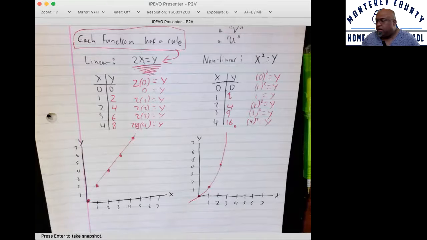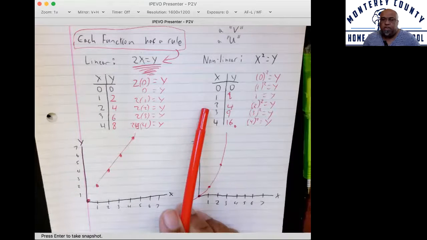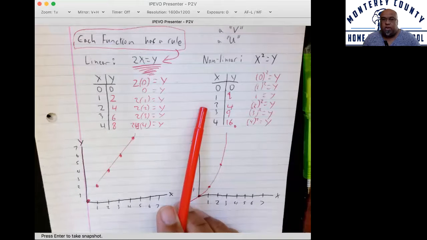Okay? Sometimes your x values will be given. Sometimes your x values, you may have to come up with them. The x values are ones you have to come up with yourself. I would highly recommend using easy x values, meaning numbers that are easy to understand and close to 0, convenient x values.